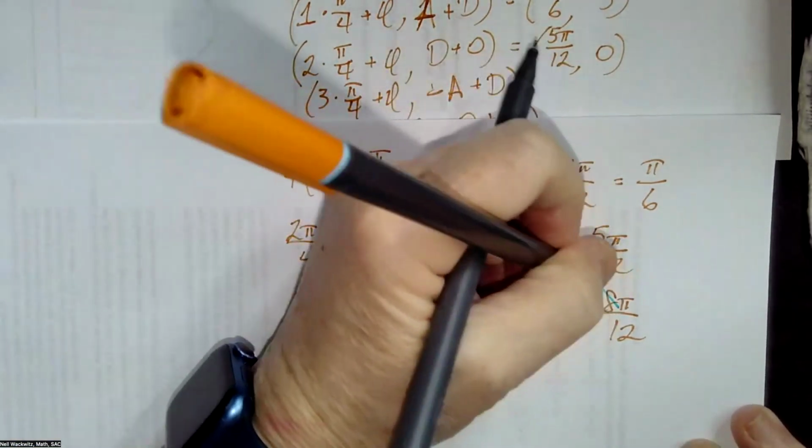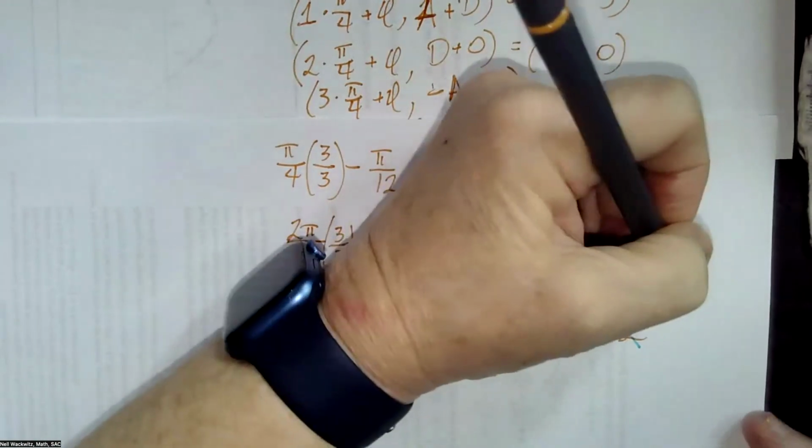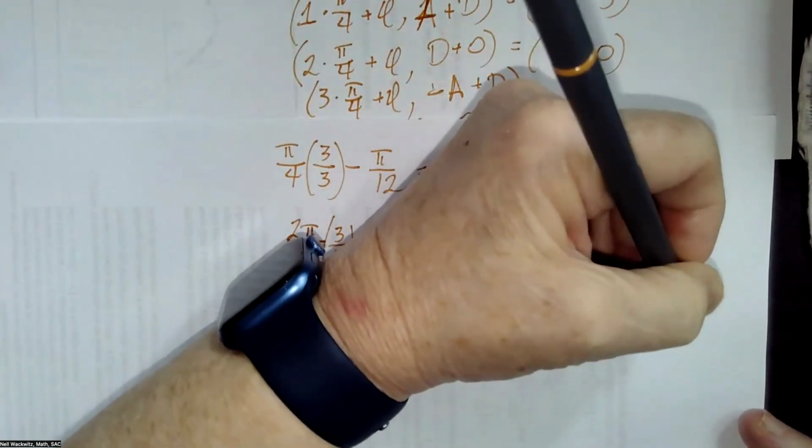Can we reduce that? Yes, by 4. Okay. So now we've got 2π over 3.